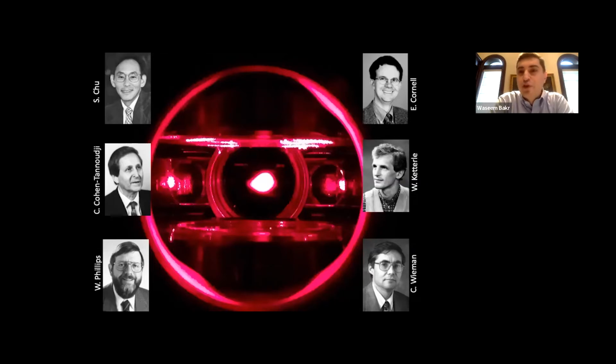So within a few milliseconds, you can bring down the temperature of the atoms from above room temperature. You typically have to heat up this alkali atom maybe to several hundred degrees, and then cool it down to a temperature of below a millikelvin with lasers.